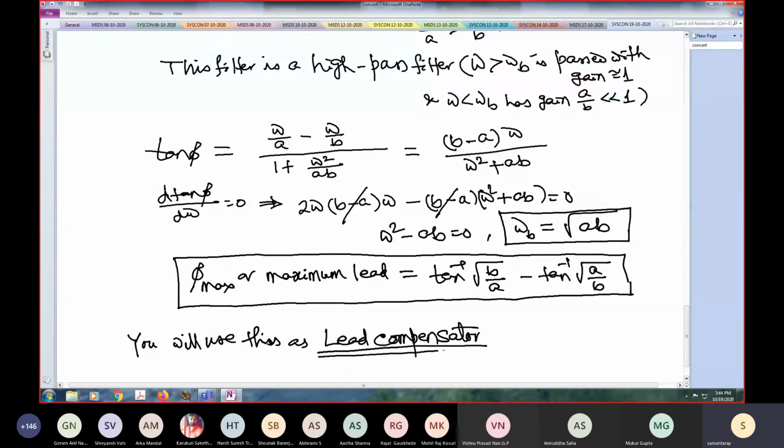Lead compensator in root loci based design. When we design controllers based on root loci or Nyquist plot, at that point of time you will need this compensator. And don't think that compensator is some arbitrary thing maintained in a computer. It can be an analog circuit, just as I have shown it. Simple two resistances and a capacitor.